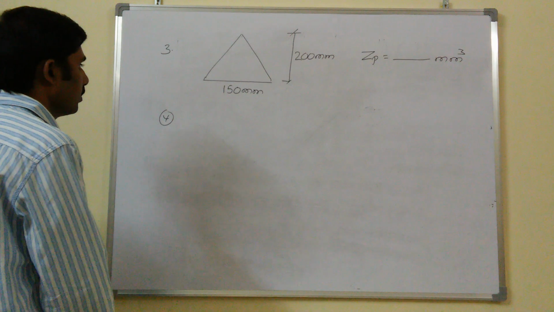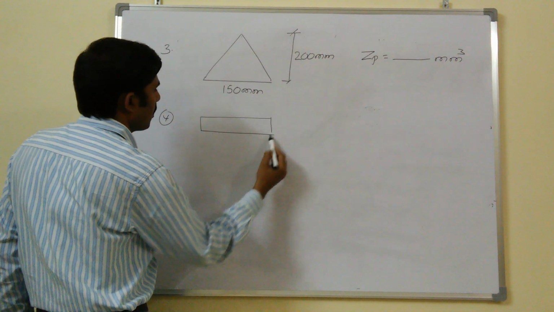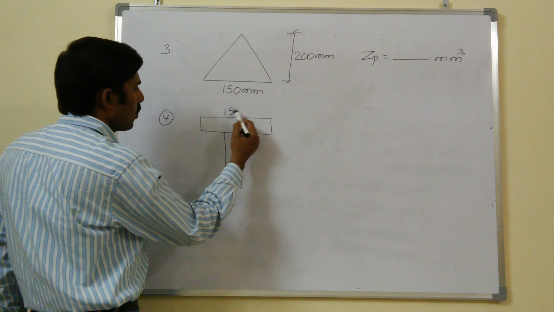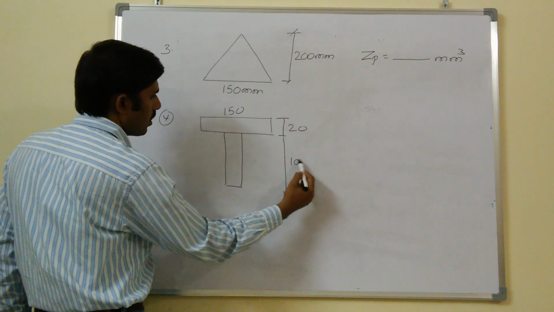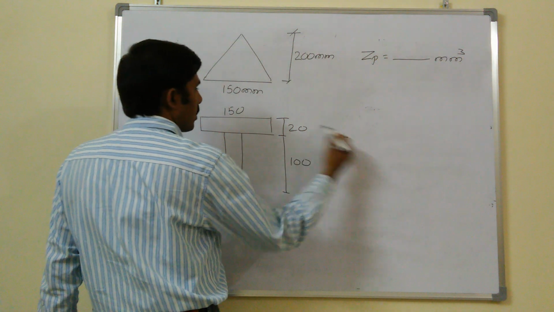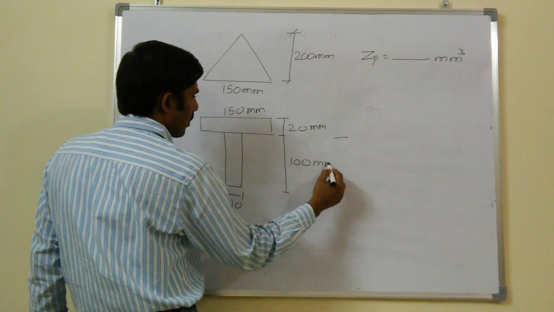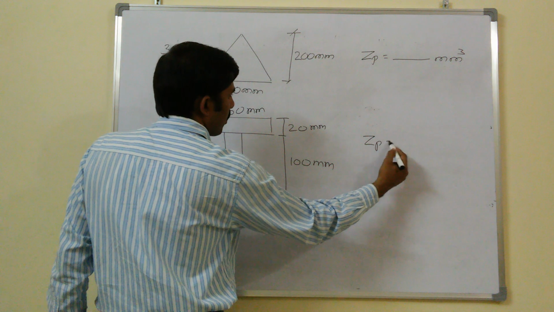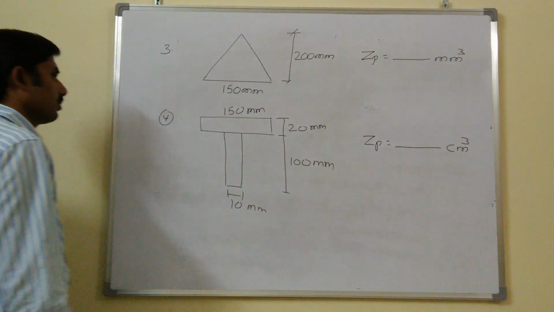Fourth one. T section having 150 by 20 and this 100 by 10, all are in mm. ZP equals dash centimeter cube.